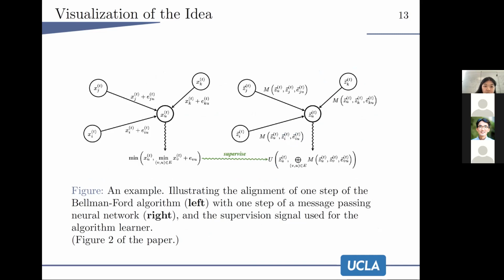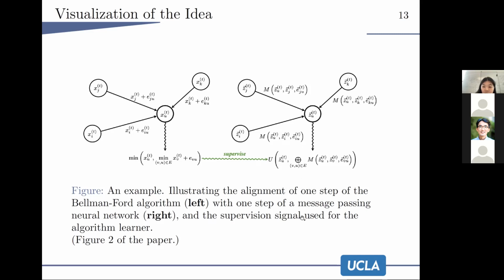The second picture we put here is from figure 2 of the paper. This is a concrete example of the Bellman-Ford algorithm. The algorithm is on the left, and the step of a message passing neural network is on the right.